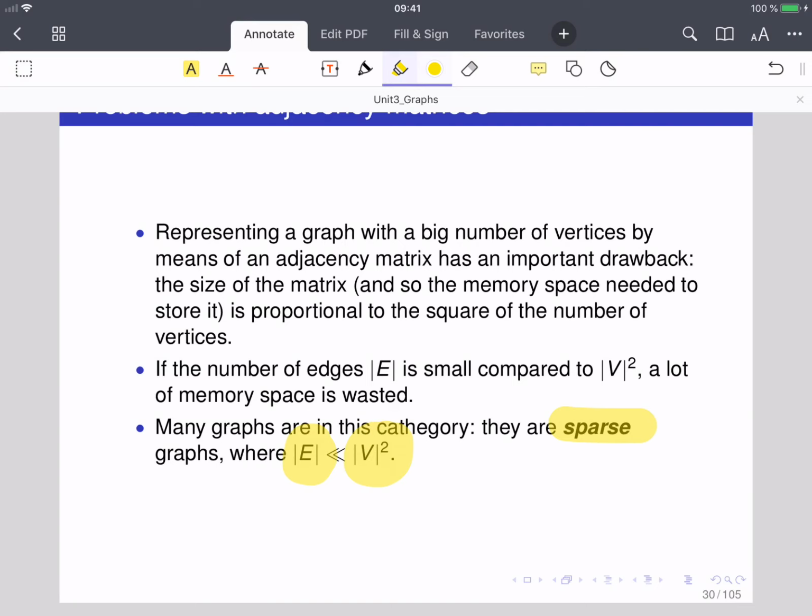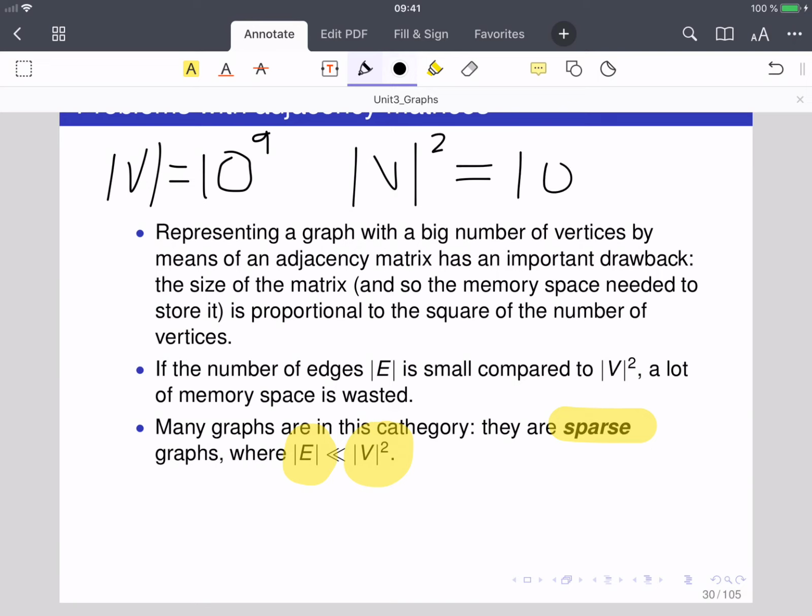Maybe in Facebook, I don't know, there are like 3 billion users, 3 times 10 to the power 9. To make it simpler, let's say we have the number of vertices equal to 10 to the power 9. Then the number of potential connections is 10 to the power 18.